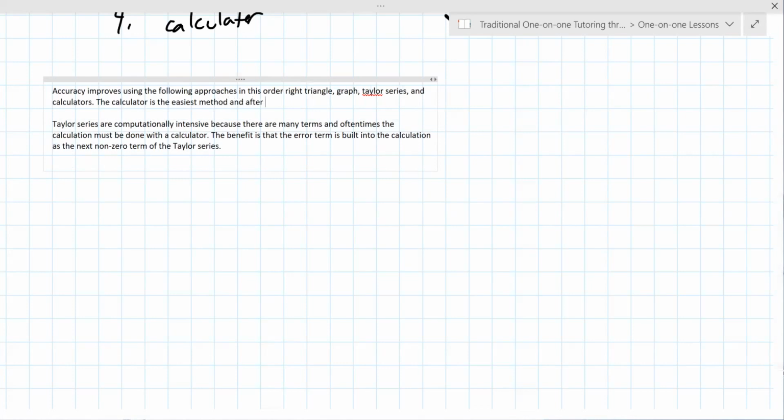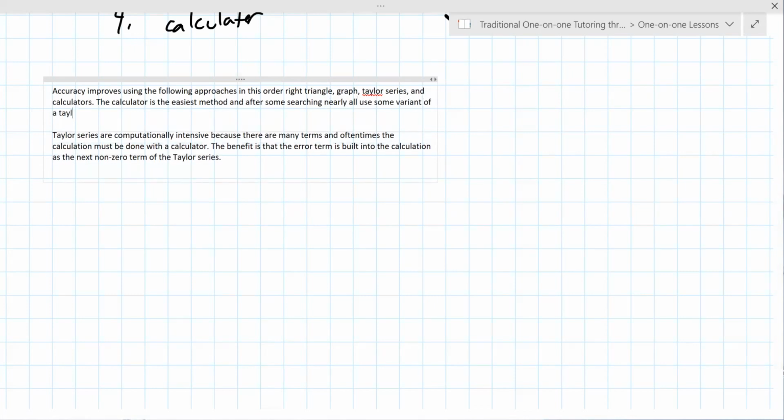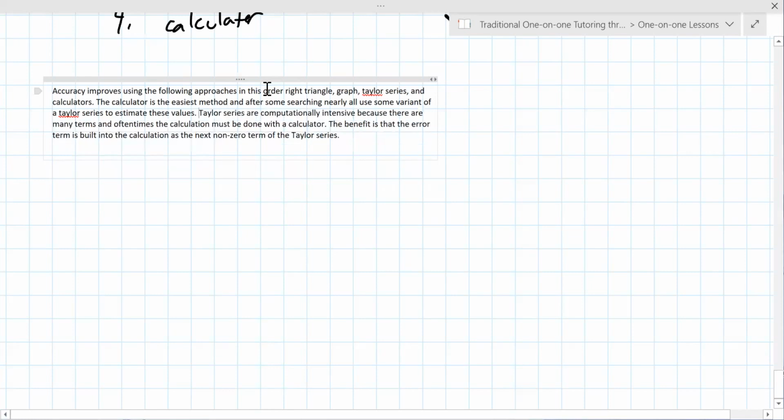And after some searching, many calculators, or we could say nearly all actually, use some variant of a Taylor series to estimate these values, which is true. But you should find a link or maybe quote your textbook, or something.